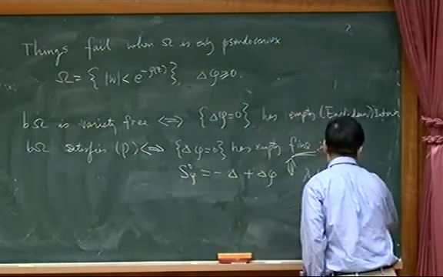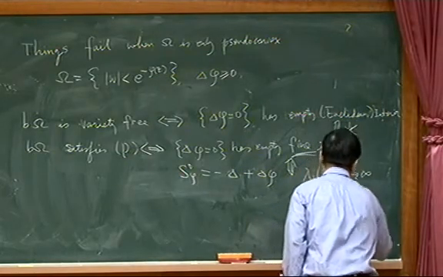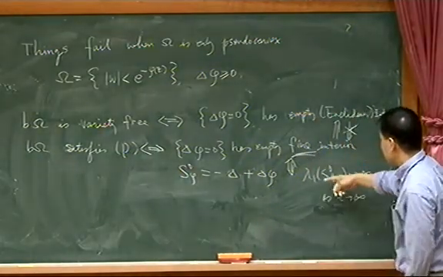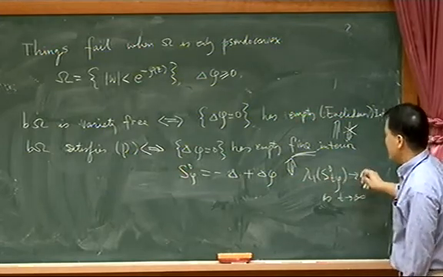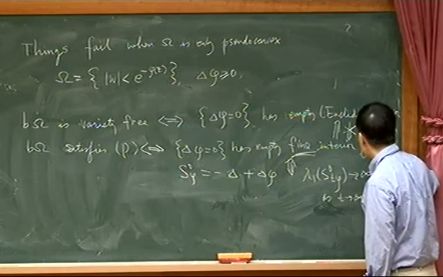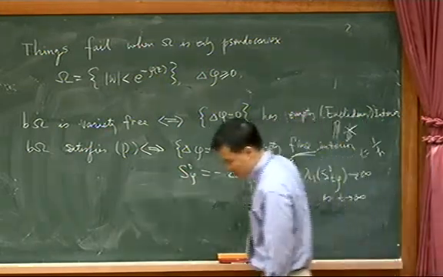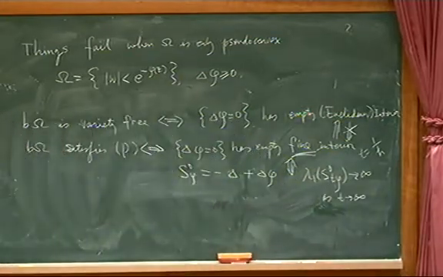It goes to infinity as t goes to infinity. So t can be considered as 1 over h, the 1 over the Planck constant. Therefore, this is in terms of the semi-classical analysis of the Schrödinger operator.